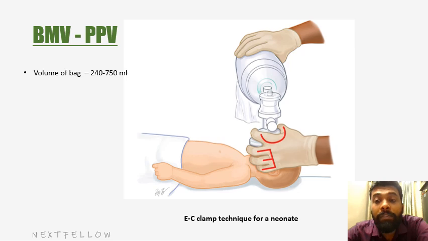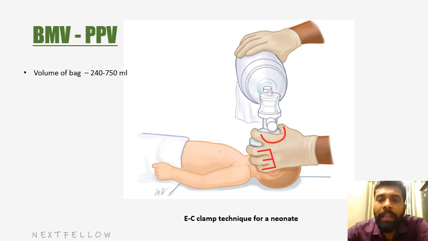The thumb and forefinger are placed over the mask in the shape of the letter C, and the mask is squeezed onto the face to form a seal. I hope you got that E and C position.